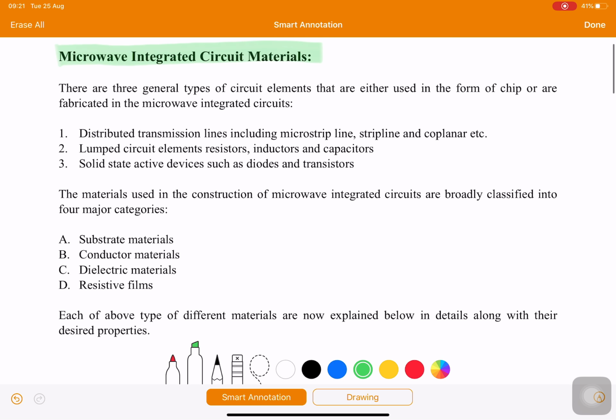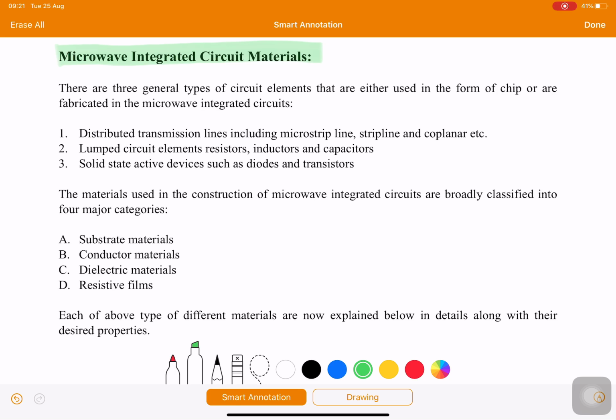So actually the classification of microwave integrated circuit is categorized based on the different types of elements. Okay, so these elements are either used in the form of chip or they are fabricated directly onto the substrate of microwave integrated circuit.